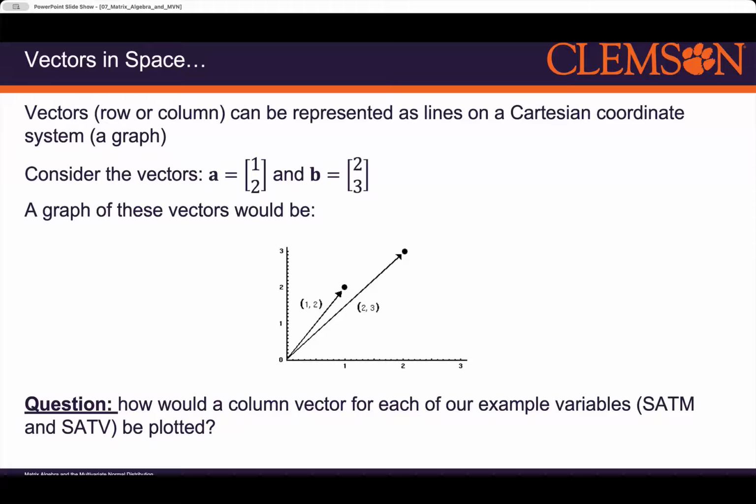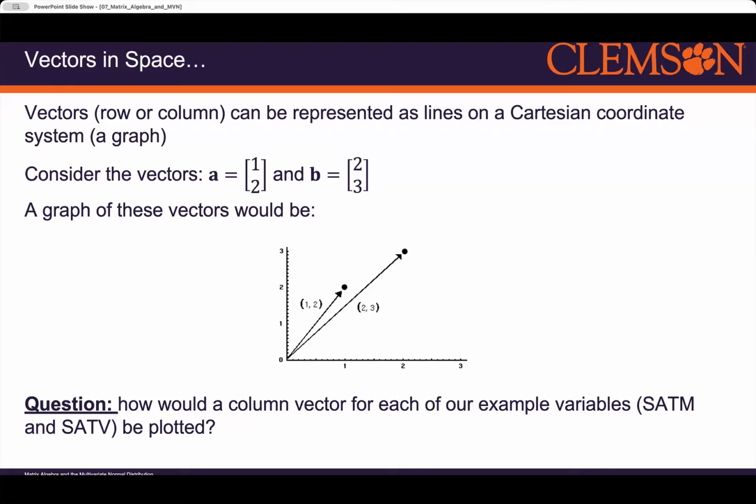But let's take a step back before we go too far. Think for a moment how we would plot our column vector, for example, with SAT Math and SAT Verbal. Well, now instead of having 2 rows for a column, we have 1,000. So if we think about what that means, we need a 1,000-dimensional graph. And that's exactly right.